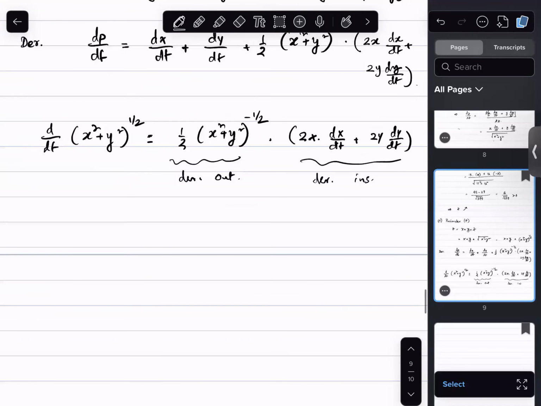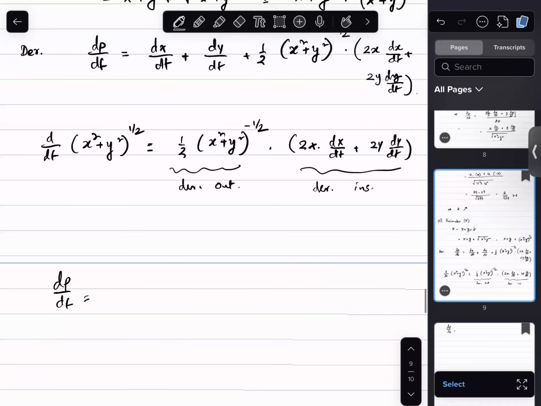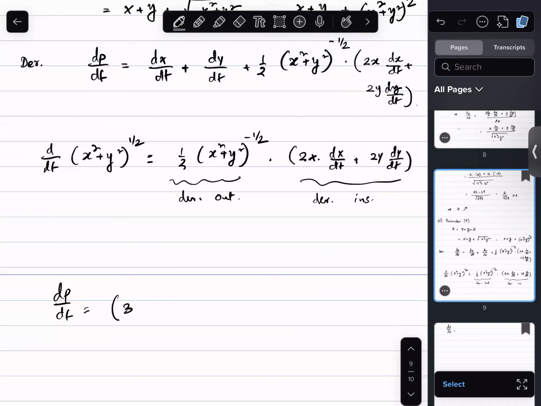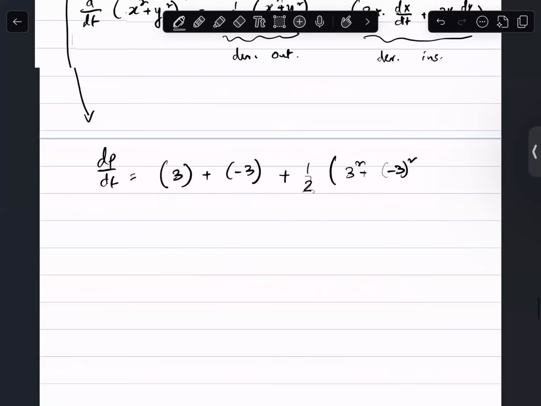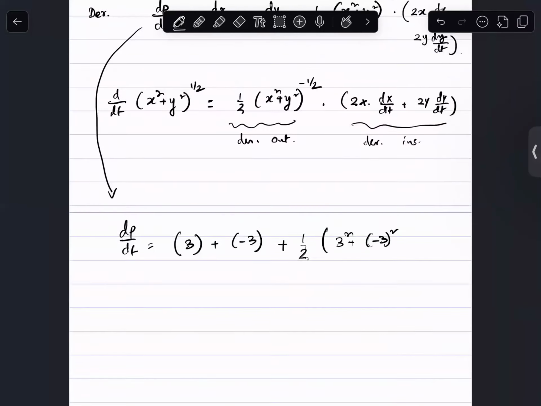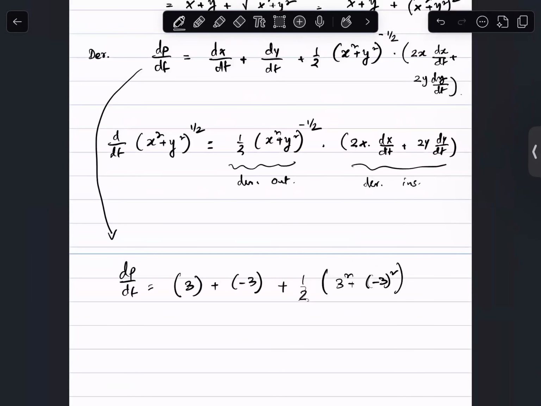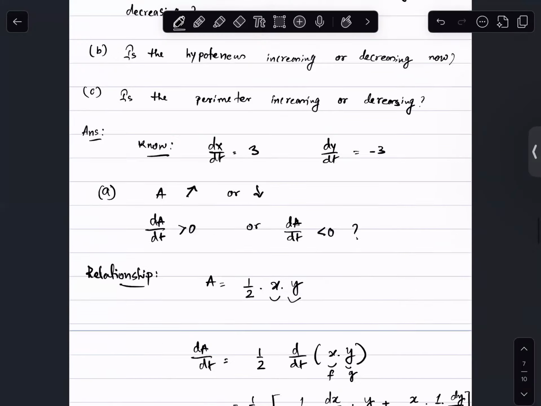And then the rest is dP/dt. I just replace all the values that I know. So dx/dt is 3, plus negative 3 is the value for dy/dt, then half of (3 squared plus negative 3 squared) to the negative half, times 2 times 13, I guess, is the value of x, right?